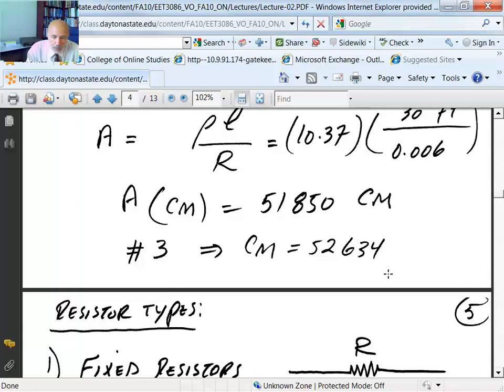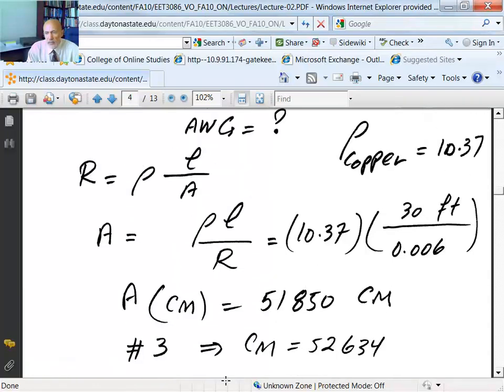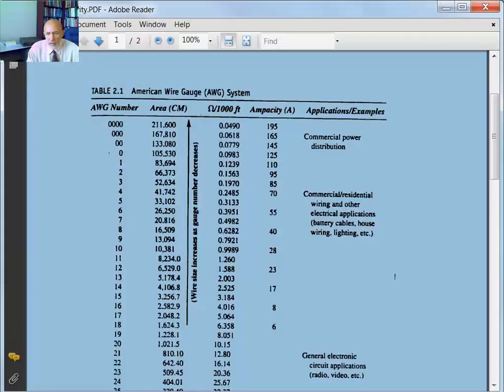But the problem is, if you look at the current capacity of number 3, the maximum current capacity is 85. But you need to not exceed it, and the maximum current is 110 amps in that example.